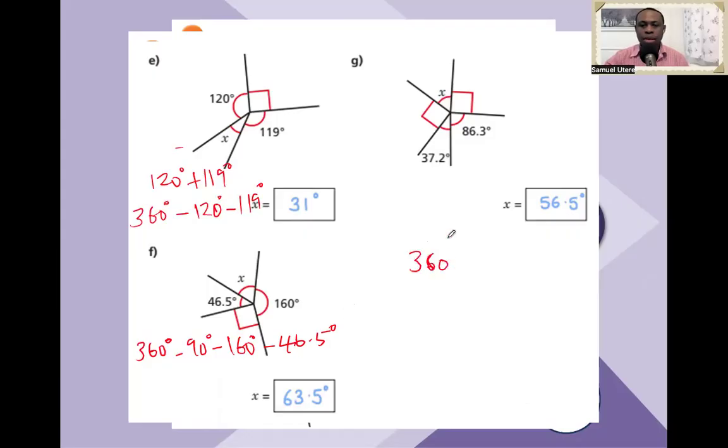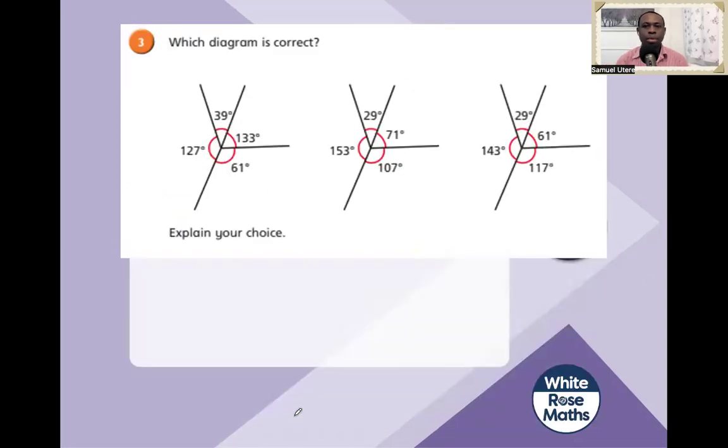You can see that we have two 90-degree angles marked. 360 degrees minus 90 degrees minus the other 90 degrees minus 86.3 degrees minus 37.2 degrees. And that will give us this answer.